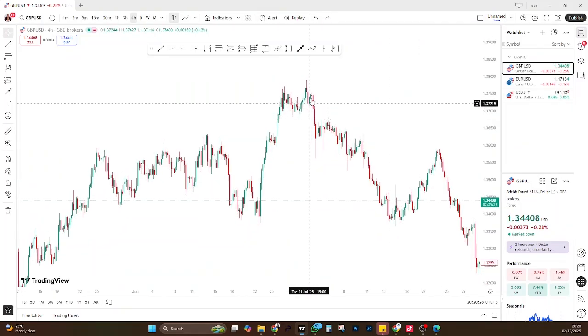It sold a bit here, retraced, then sold again. So this area here, all this area, the last buy to sell candle, can you see it?